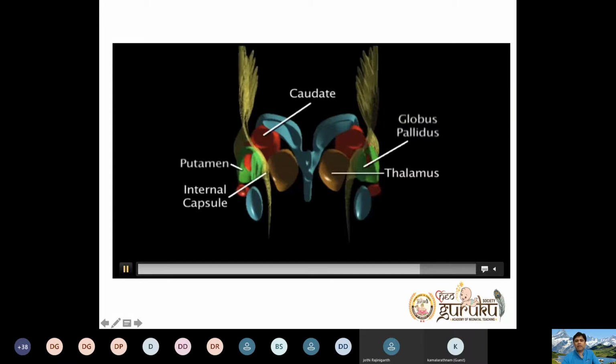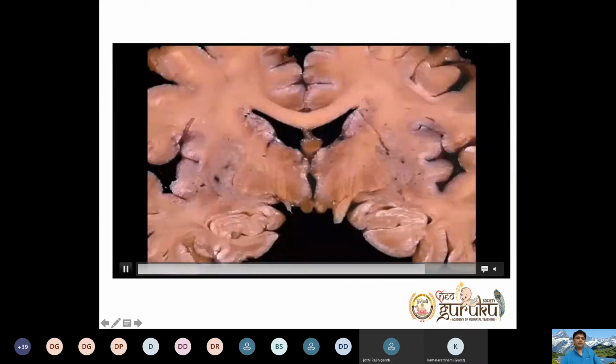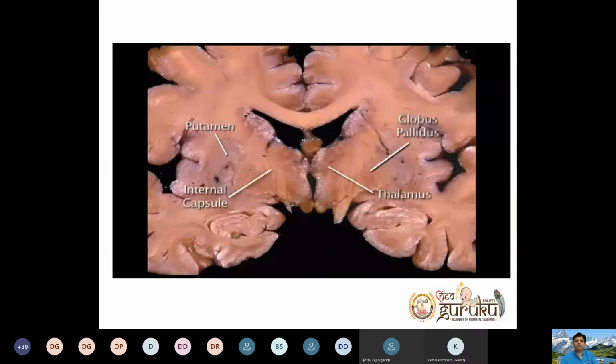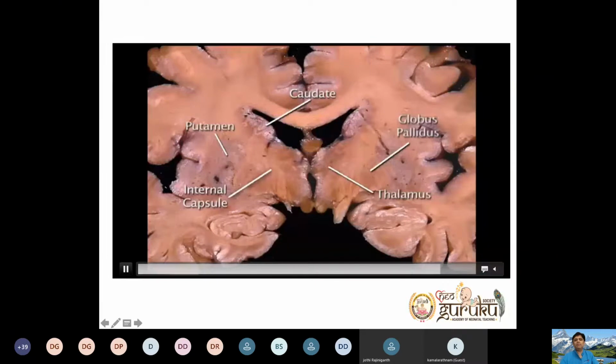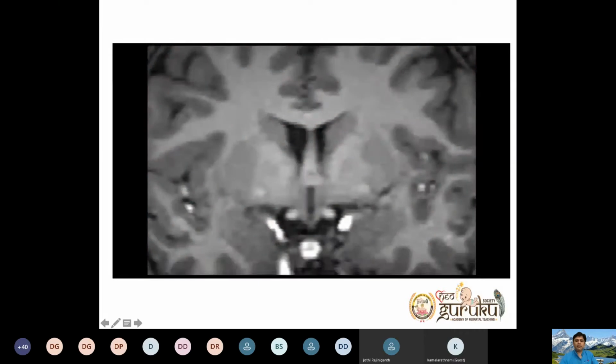Clear? So medial to lateral or lateral to medial: next to Sylvian fissure is putamen, that is SP. After Sylvian fissure, you get putamen, then globus pallidus, internal capsule, superiorly you get caudate nucleus, inferior and posterior you get your thalamus. So I'm sure it's very clear.